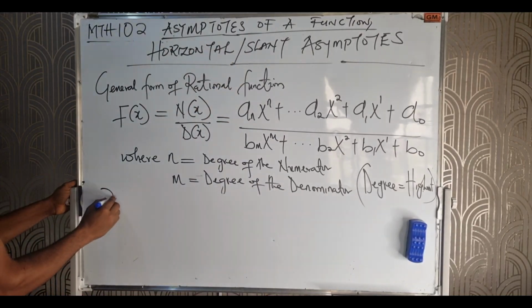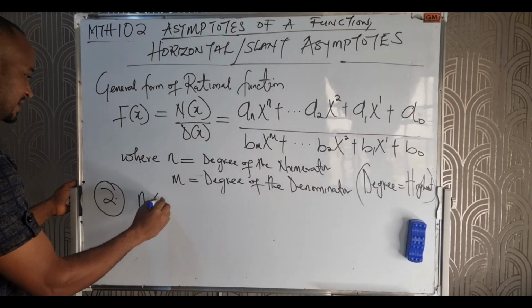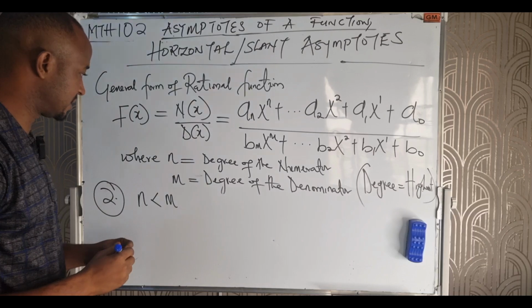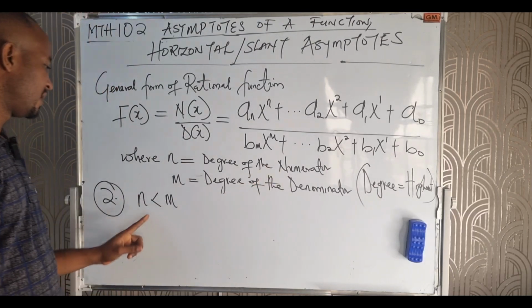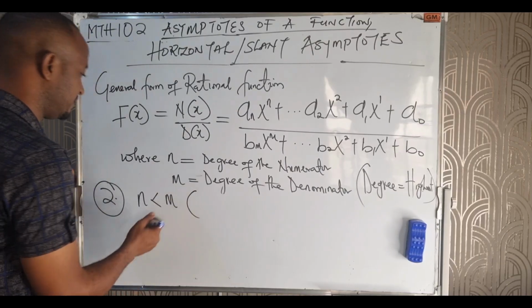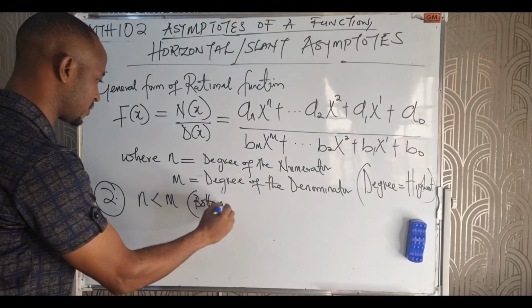Condition 2. We have seen condition 1. If n is less than m, look at this. This is saying that if the degree of the numerator is less than the degree of the denominator, meaning the rational function is bottom AV.